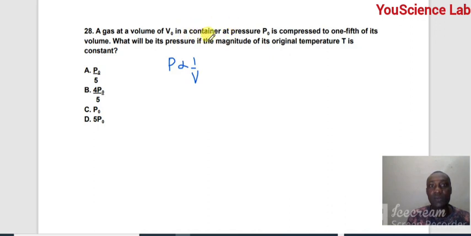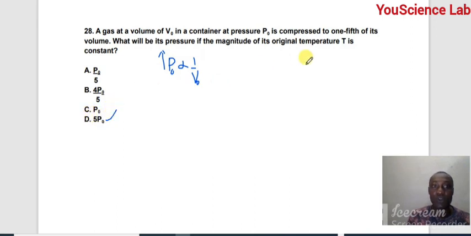Okay, the initial pressure is P0 and the initial volume is V0. The gas is compressed to 1/5 of its volume. So if the volume is reduced by 5, the pressure is going to increase by 5 because they are inversely proportional to each other. So if the initial pressure was P0 and this was V0, if this one is reduced by 5, then this is going to increase by 5. So this is the correct option.